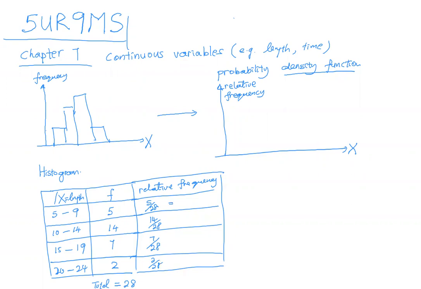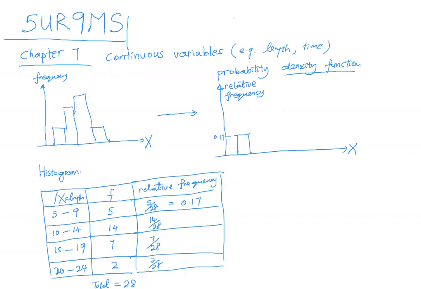So it is not the probability, it is the relative frequency. Then I draw the histogram like that. Now this one is 5/28. How much is it? 0.17. So here is 0.17.